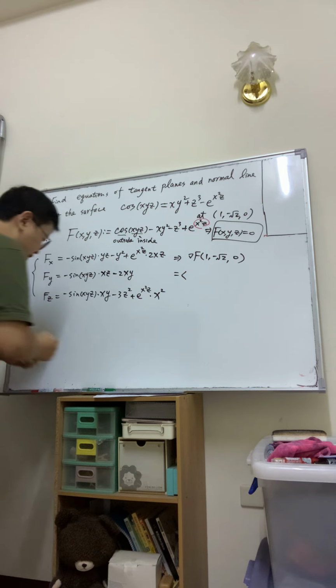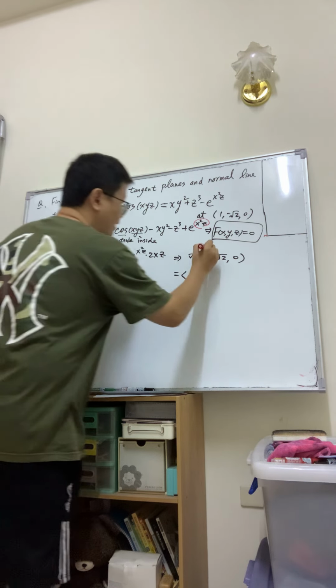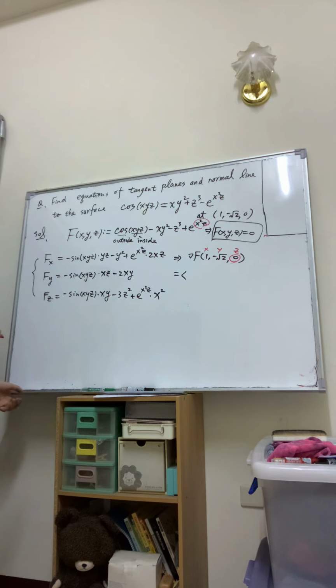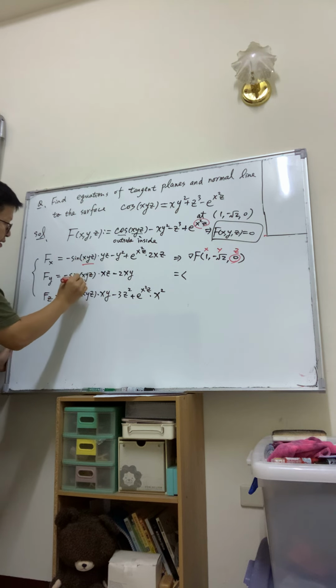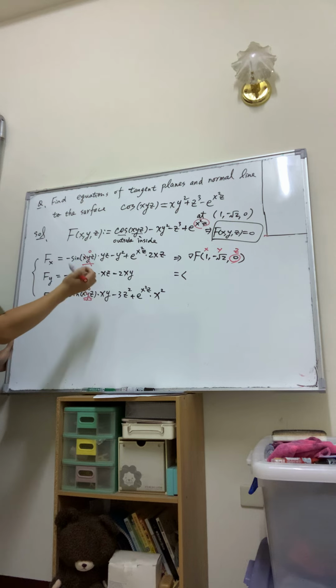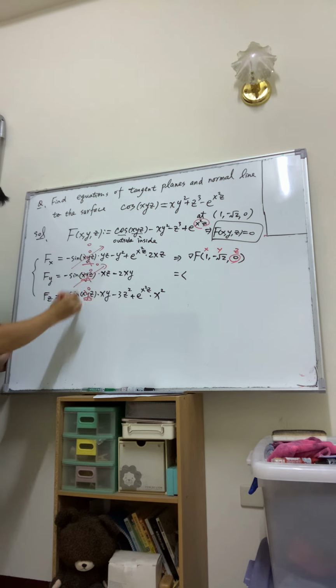But when you plug in the values, you can see there is some trick. It's our x value, y value, g value. The g value is 0. So once you plug in, you have the value 0. And sine 0 is 0. So this term is 0, this term is 0, this term is 0.